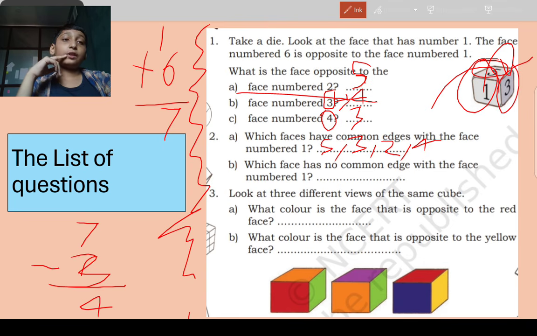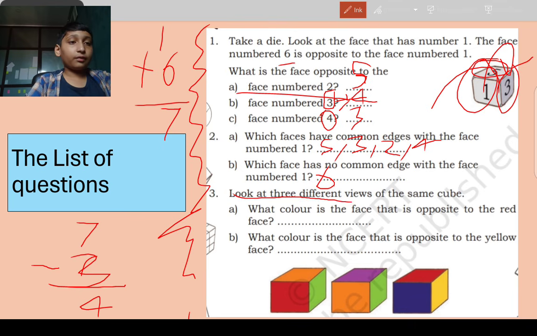Then which face does not have a common edge with the face numbered 1? So it should be its opposite, because they don't share a boundary with each other. So one's opposite is of course 6, because it's given here as an example. So this is a hard question. Well, students mostly get stuck in this question.